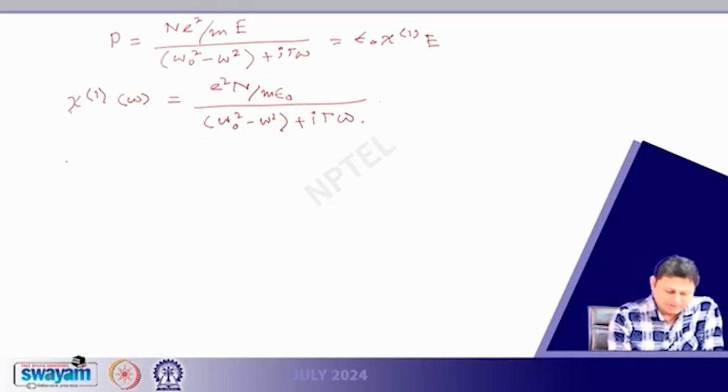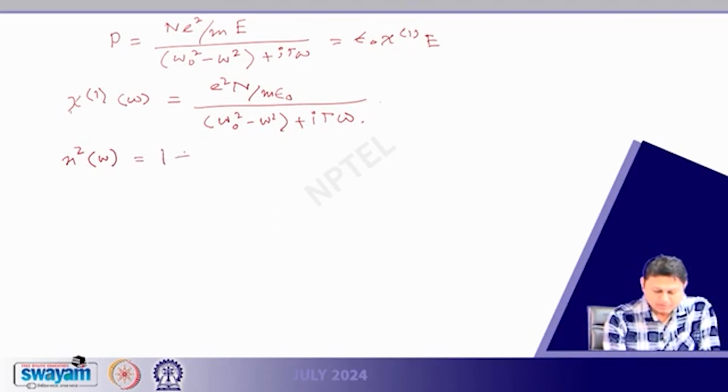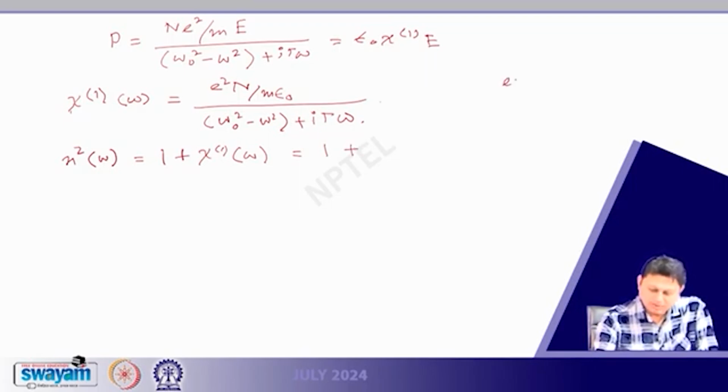Now, the susceptibility can be related to the refractive index. That is our goal, to find how the refractive index is a function of frequency. Since susceptibility is a function of frequency, I can write the refractive index squared as 1 plus the susceptibility, which is 1 plus this entire term. We write e squared n divided by m epsilon naught as omega p squared.